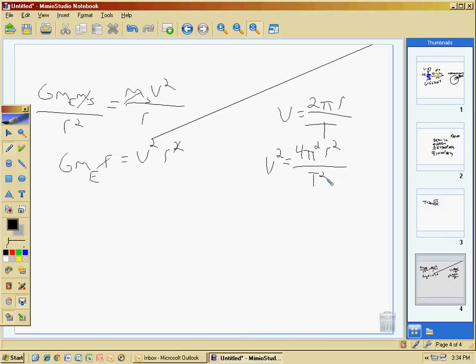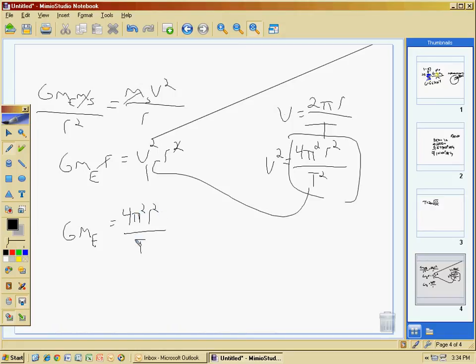And now we're going to take this whole thing and move that over into this v squared. So what that means is we have G, mass of the Earth, equals 4 pi squared r squared over T squared times r. Hey, guess what? That makes this r cubed.